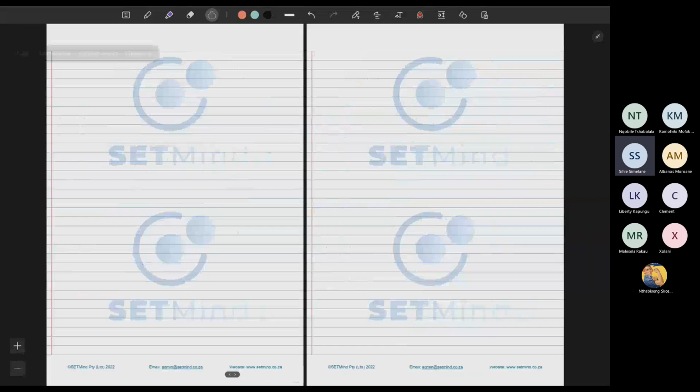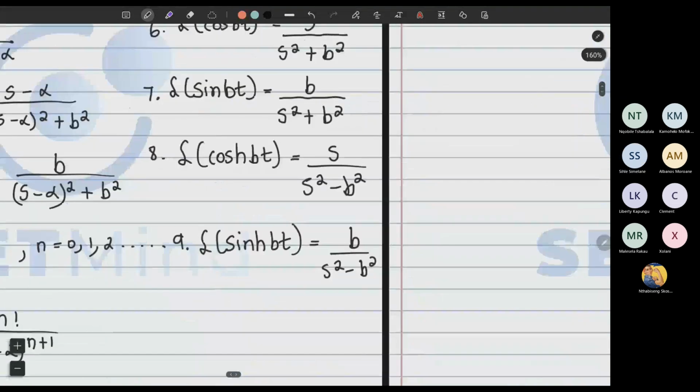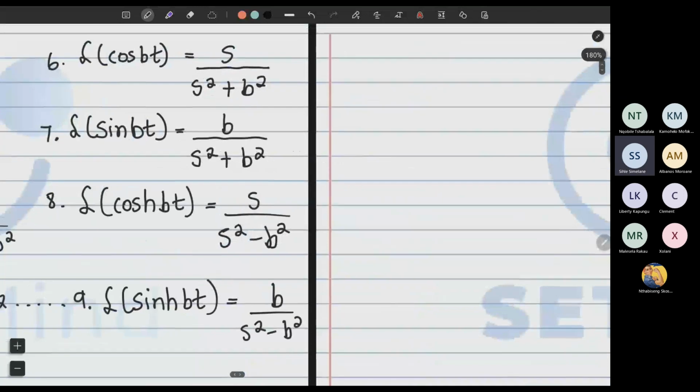So let's look at another example, which we will call C. And for C, our f of t is hyperbolic cosine of 2t. So we are looking for the Laplace transform of that, which is that funny L, then we have our hyperbolic cosine of 2t. If you look at your formula, it is simply s over s squared minus b squared.